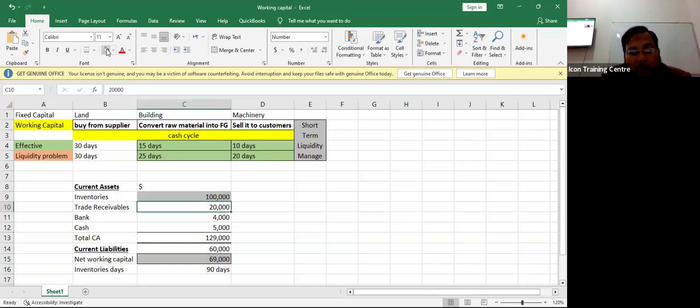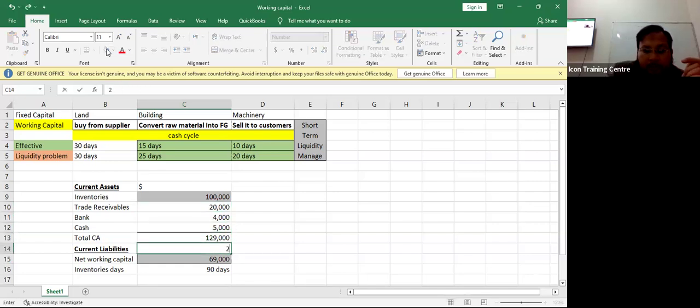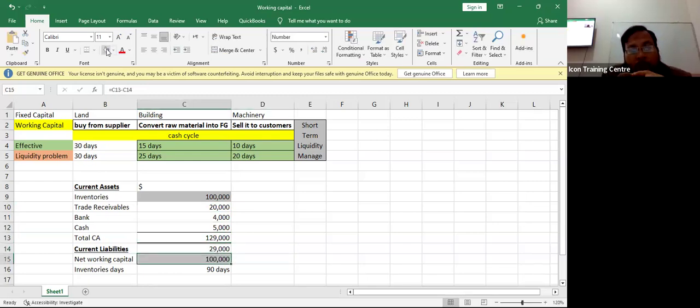Because the difference, let's suppose 29,000 against 100,000, is coming because of inventory. And your inventory cycle is very low. It means that you are not managing your inventory efficiently.